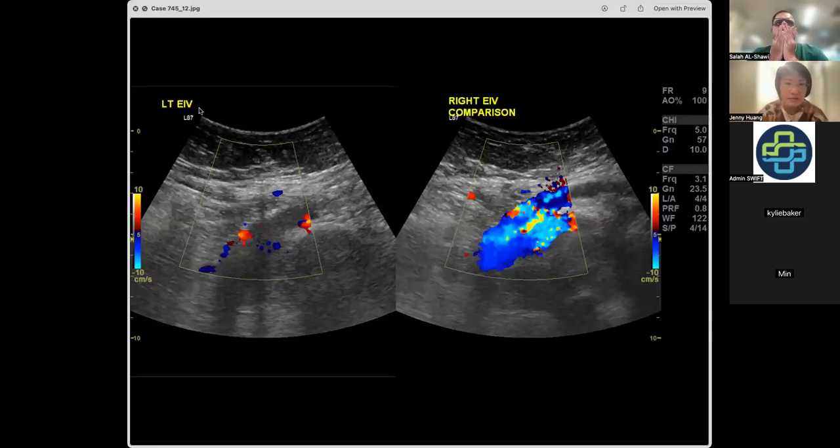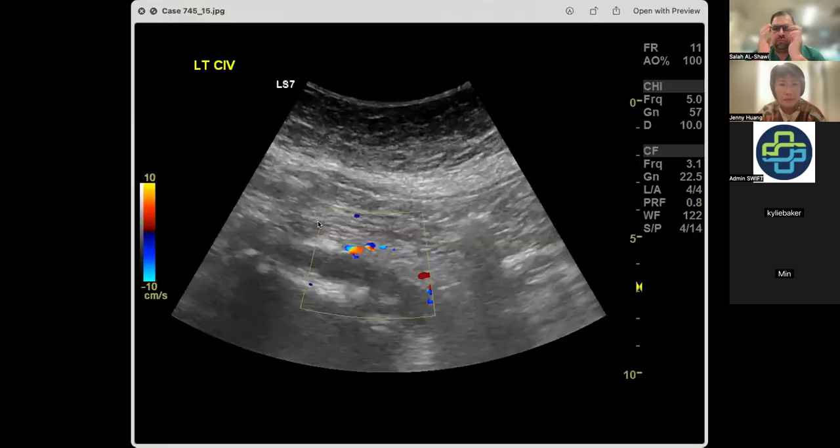But that's where we compared the left external iliac vein, which we've seen before, to the right. Here I've changed the scale down to 10. On the right side there's lots and lots of colour flow. On the left, virtually none.